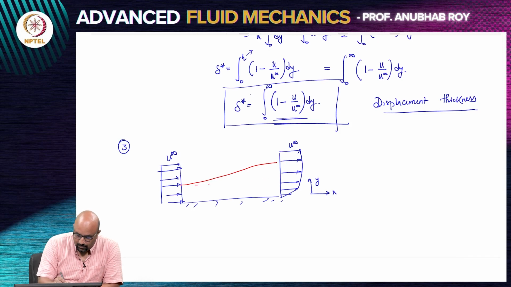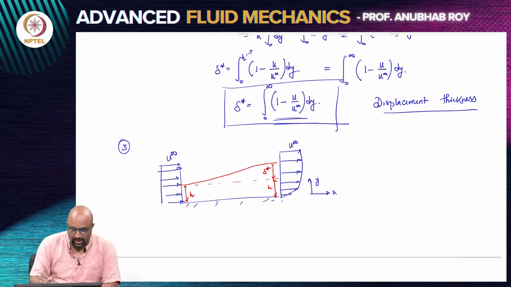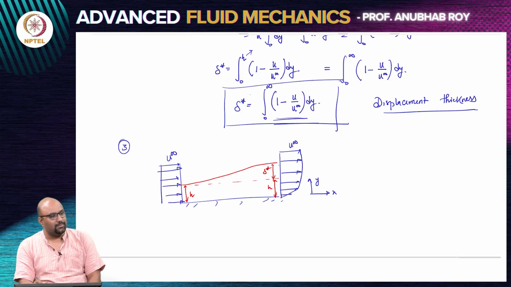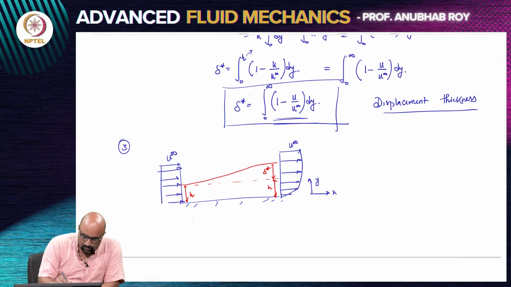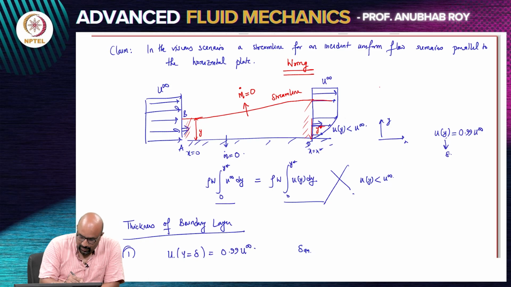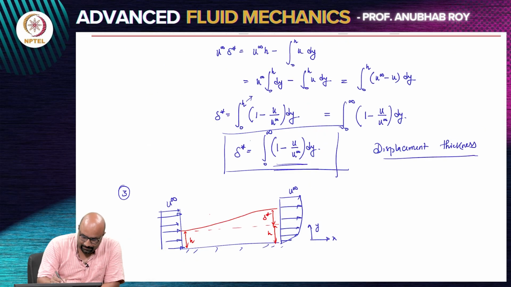So, there was an initial height at which we had a streamline sketched, and now we know that it gets displaced by an amount delta star. So, what is the inflow momentum in the problem? So, we had A, B, C and D.